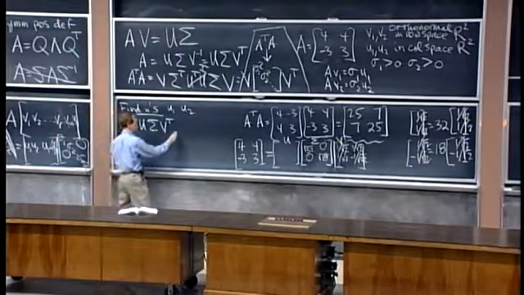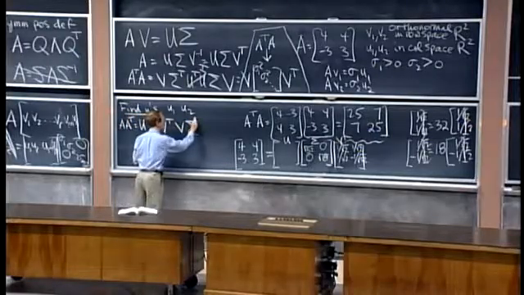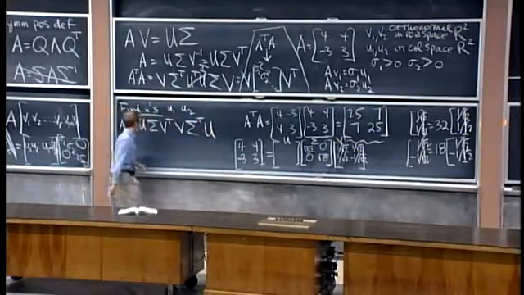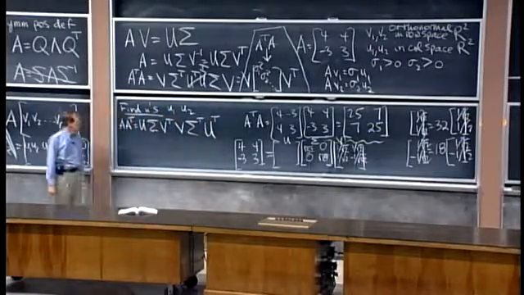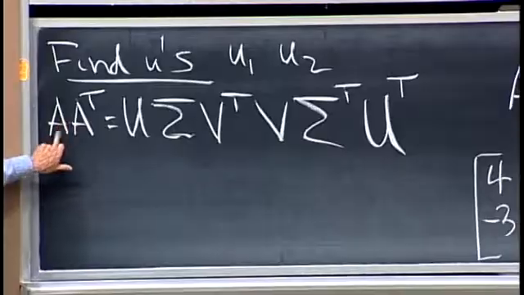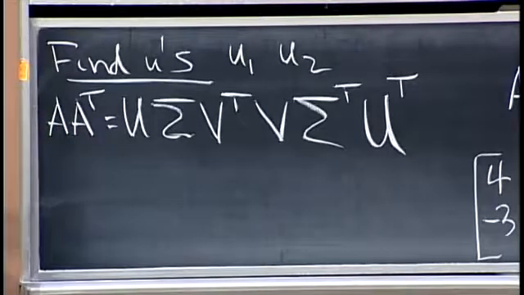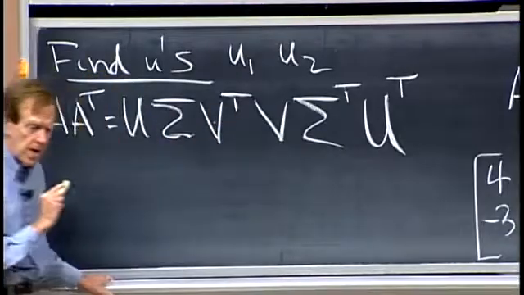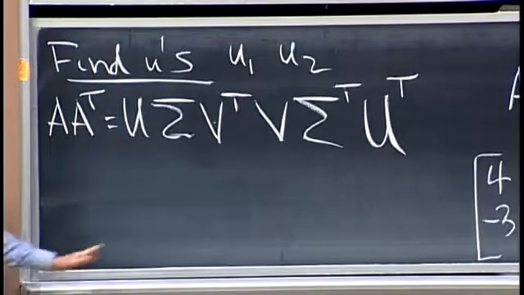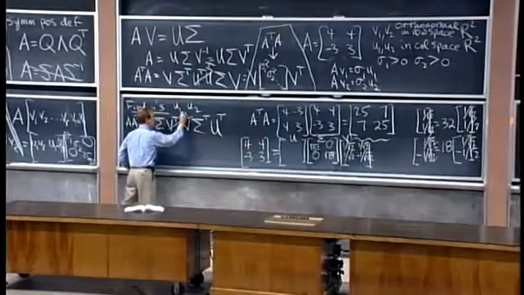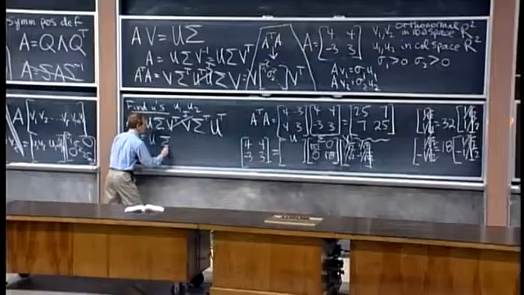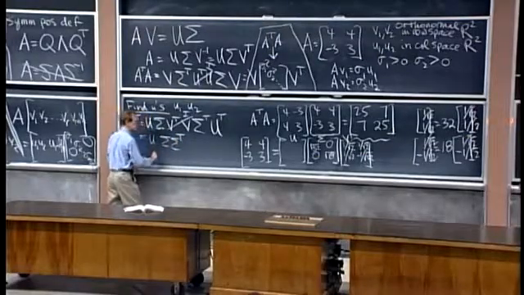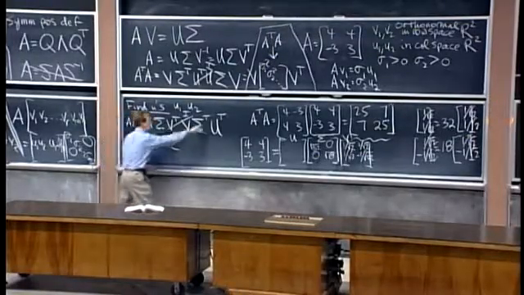And then when I transpose that, I get V sigma transpose U transpose. So I'm just doing it in the opposite order, A times A transpose. And what's the good part here? That in the middle, V transpose V is going to be the identity. So this is just U sigma sigma transpose U transpose. That's some diagonal matrix with sigma squareds.